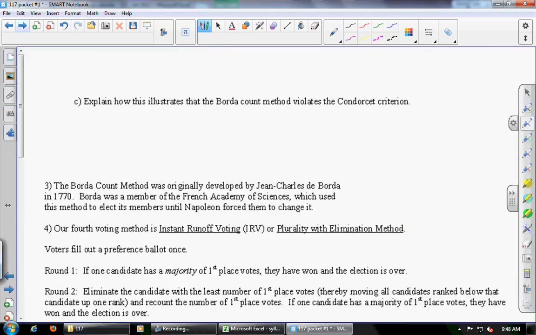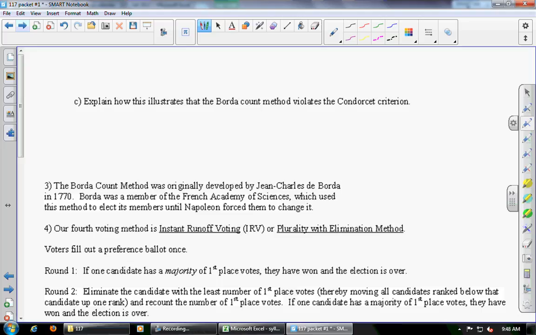On the next page, it says explain how this illustrates that the Borda count method violates the Condorcet criterion. 2 railroad tracks. The vote counting methods are over here. The fairness criteria are over here. Here's a reminder. The Condorcet criterion says if somebody beats everyone head-to-head, they should win.